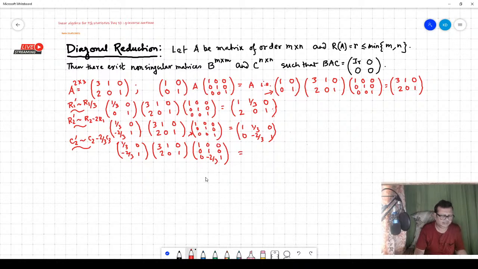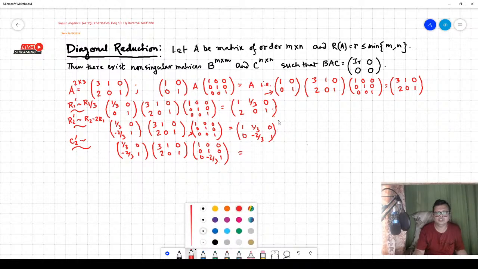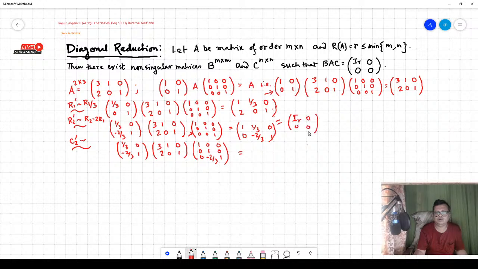Actually it is better you use this operation. That is, our aim is to reduce this matrix to the form [I_r 0; 0 0]. So for this I use simultaneous row and column operation. So it is better to use this operation, C2 curl 1/3 C1 minus C2.